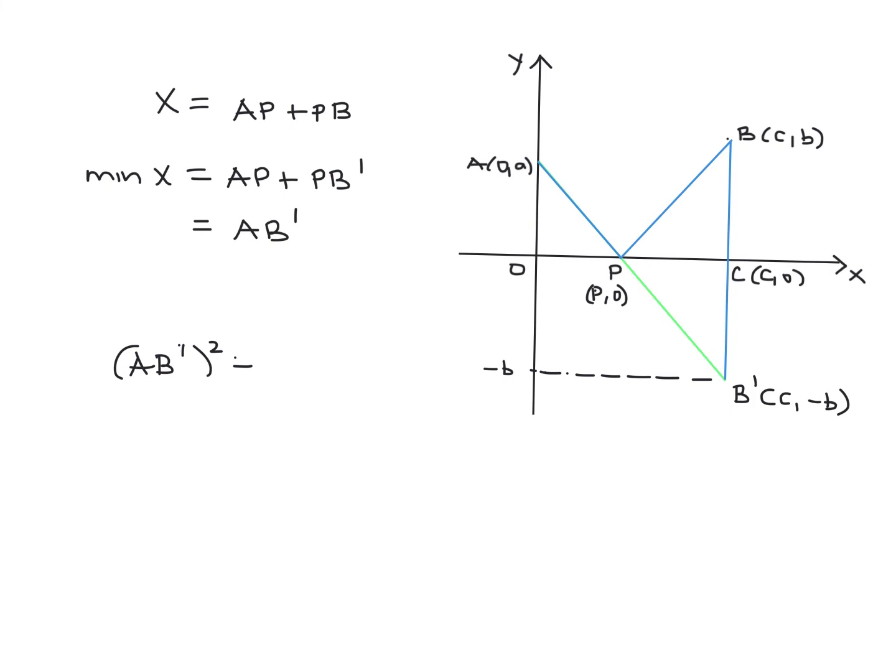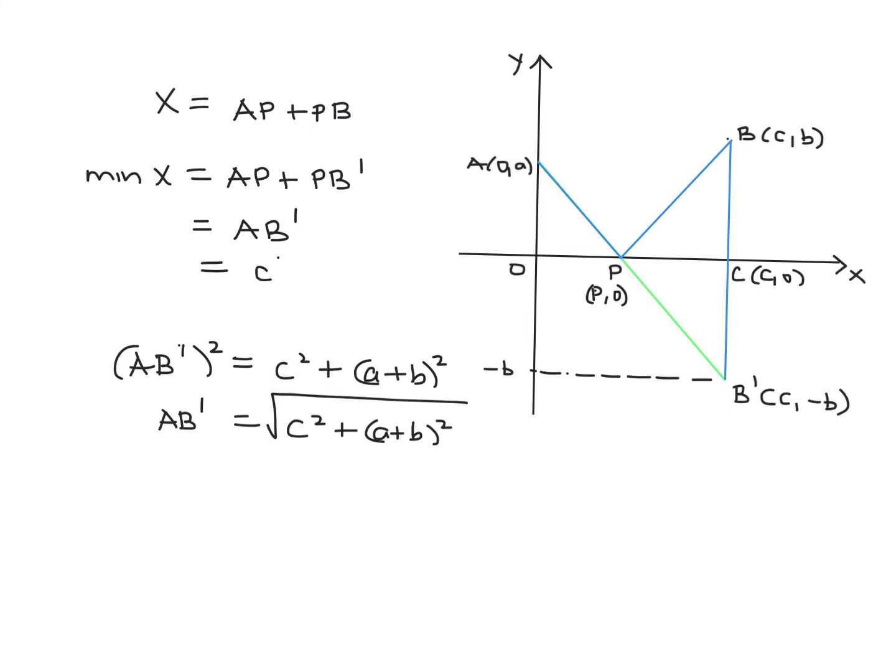Plus this part squared, which looks like A plus B, because the distance from here to A and the distance from there to there is B, because you have to use the positive value. And therefore AB prime would be the square root of C squared plus (A plus B) squared. And that's exactly what this is. C squared plus (A plus B) squared under the square root sign, and that's what they wanted you to show.